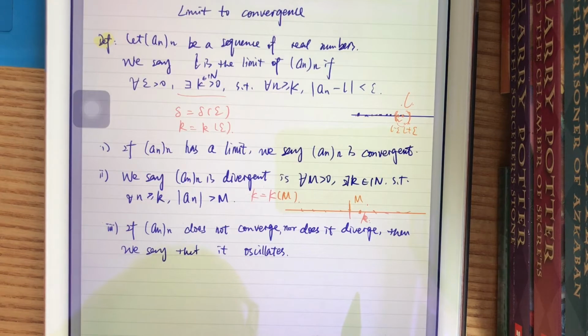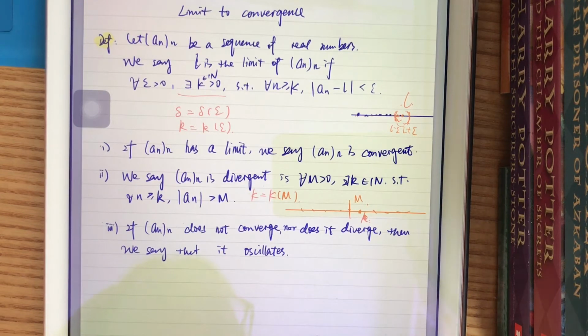Another thing to mention is that a sequence can be neither convergent nor divergent; it can oscillate. That is to say, the values of the sequence are not getting closer and closer to some number, and it's not divergent either.